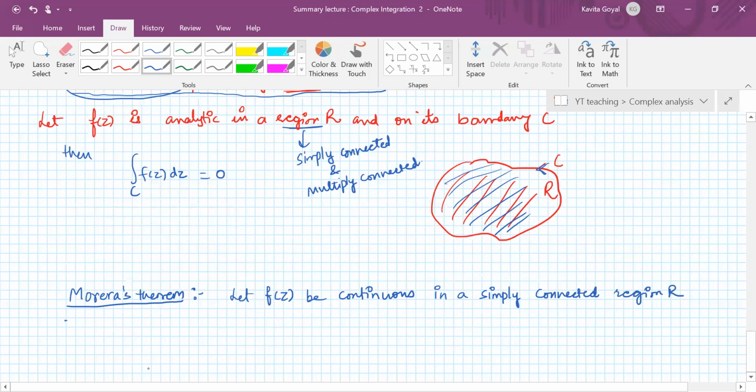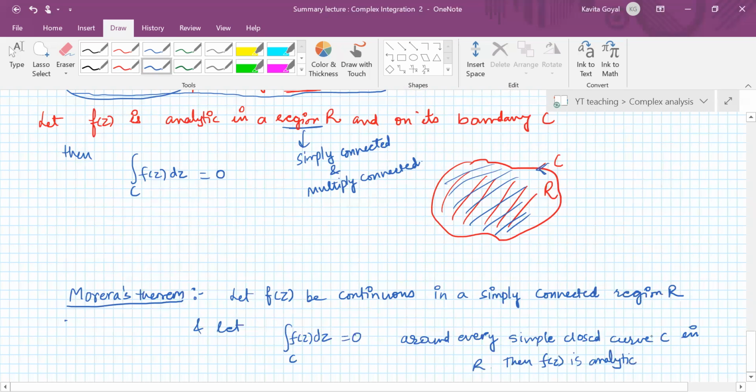And let the integral of f(z) dz along C be 0 around every simple closed curve C in R. Then f(z) is analytic.